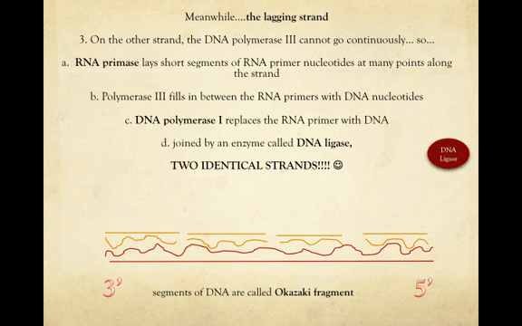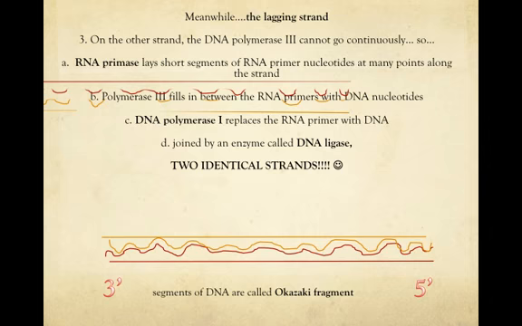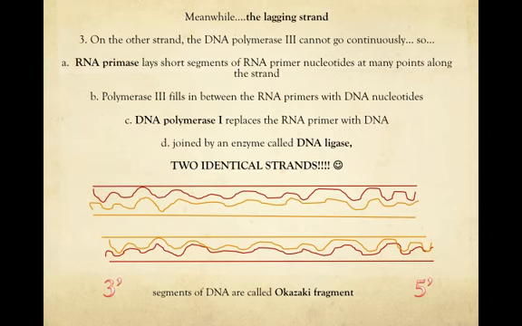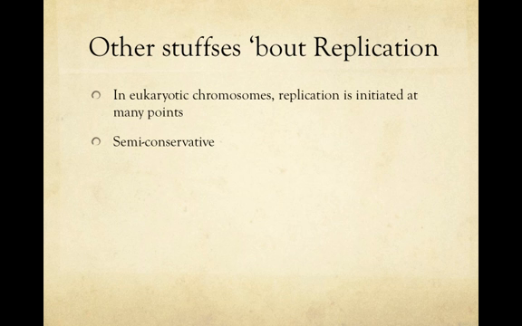After that, the DNA ligase, an enzyme, comes in and joins the DNA fragments together, and you get 2 identical strands. Woo! Okay, and other stuff about replication. In eukaryotic chromosomes, replication is initiated at many points, and DNA replication is semi-conservative, meaning it keeps half of its original old DNA, and then it has half of new DNA, which could be represented by the 2 colors I used in the other slides.